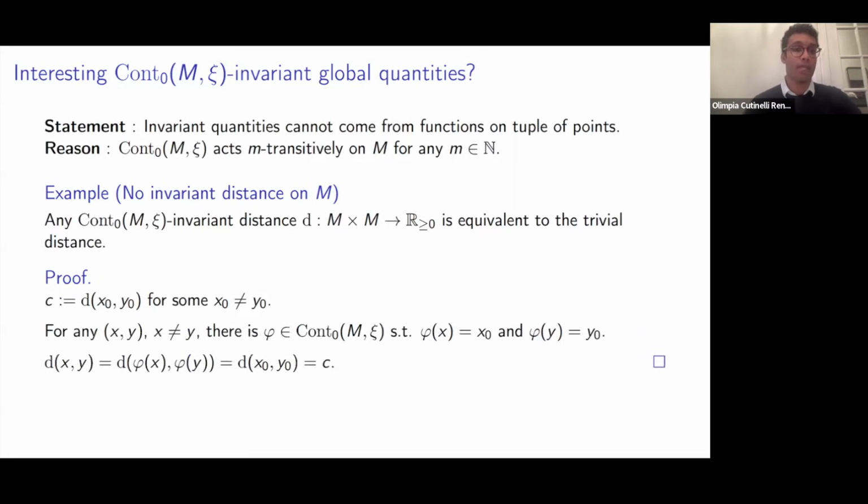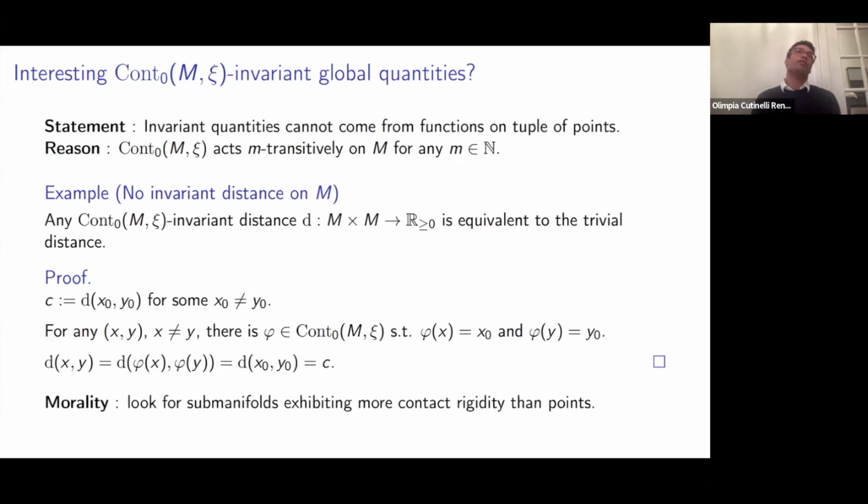Then the distance between x and y will be the same as the distance between phi(x) and phi(y), because the distance has been taken invariant, and it is the distance between x0 and y0. So it will be equal to c. So the distance is constant, which is not very interesting.